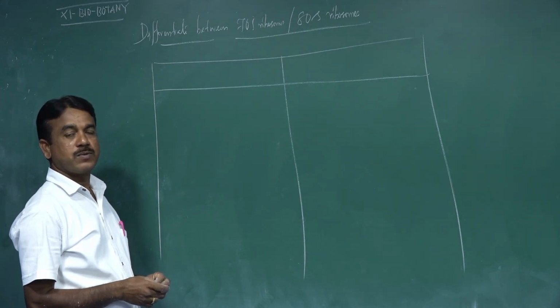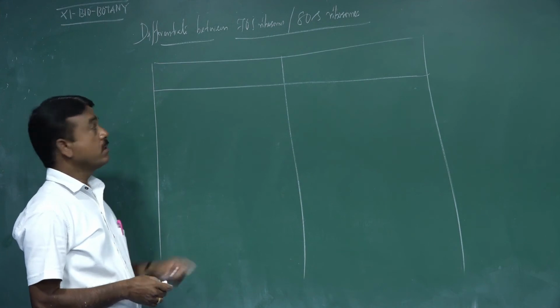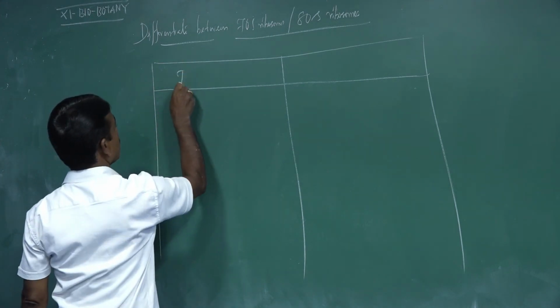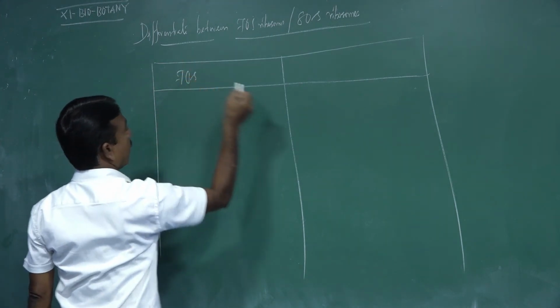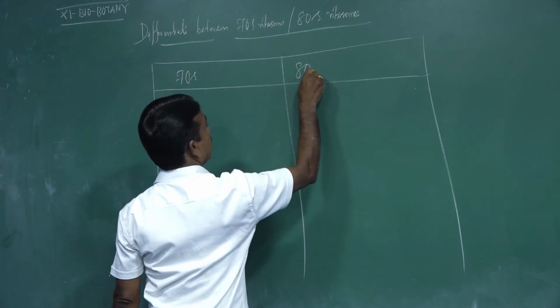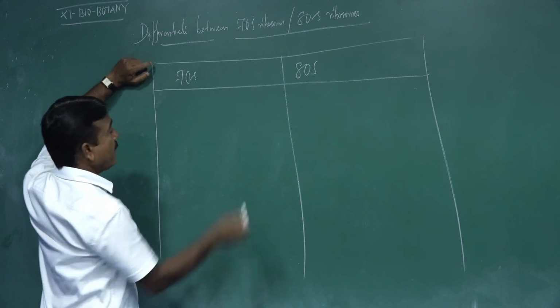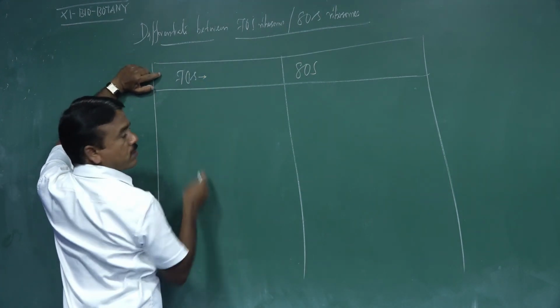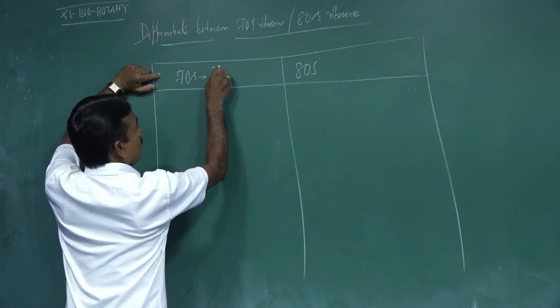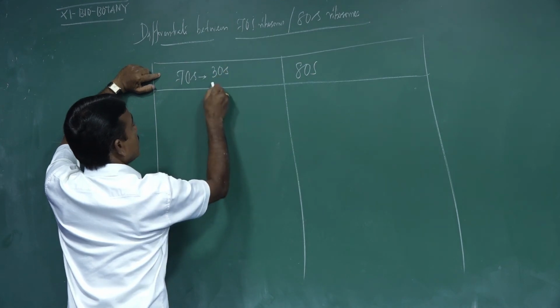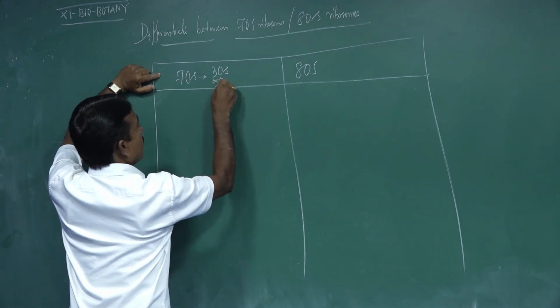Next, I am going to discuss the differences between the types of ribosomes, namely 70S ribosomes and 80S ribosomes. The 70S ribosome possesses two subunits, namely 30S and 50S.